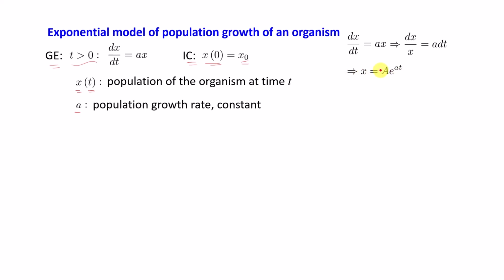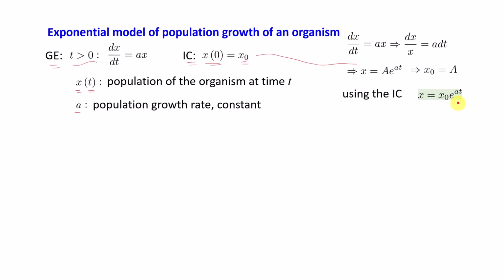To get the value of A, I have to use the initial condition, and for t equals 0, e to the power at equals 1, which gives us x0 equals A, or the final result from the model is x equals x0 e to the power at.